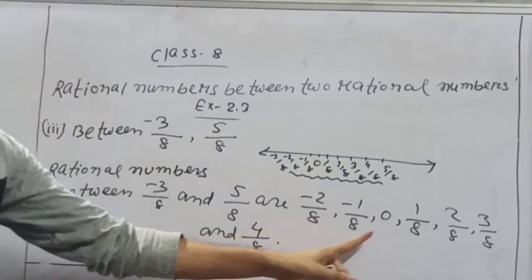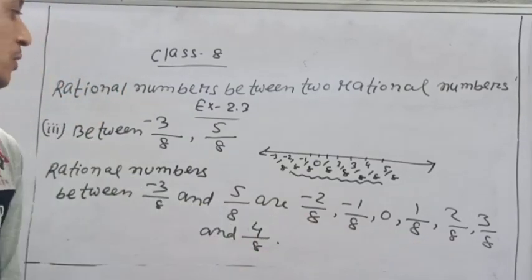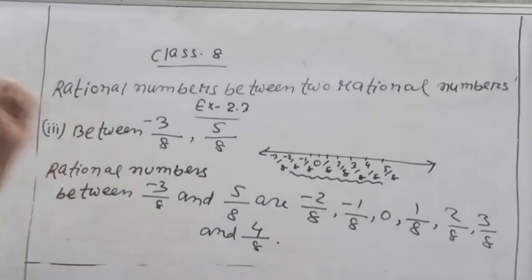So how many? 1, 2, 3, 4, 5, 6, 7. So I have shown 7 rational numbers. Here I have to find only one, so you can find more and more rational numbers.